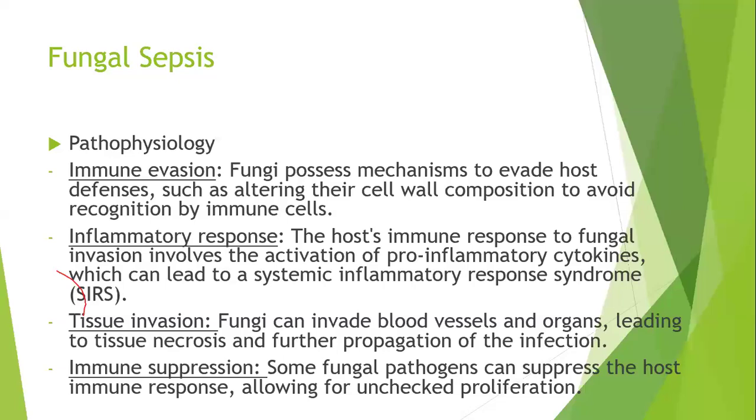And all this can lead to systemic inflammatory response syndrome. They can invade blood vessels and organs, causing tissue necrosis, especially worse when they invade the brain tissues. And as they invade, they also suppress the immune system, making them go unchecked as a cause of sepsis in our patient.